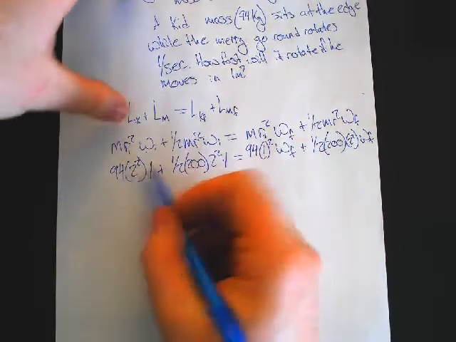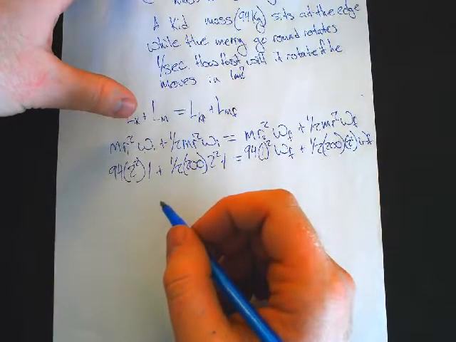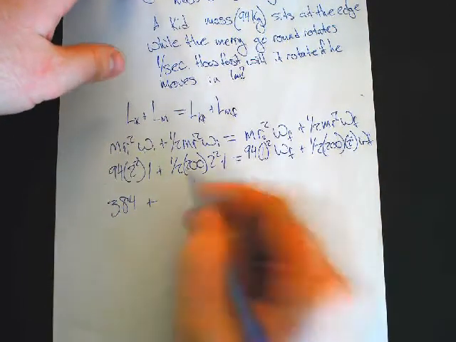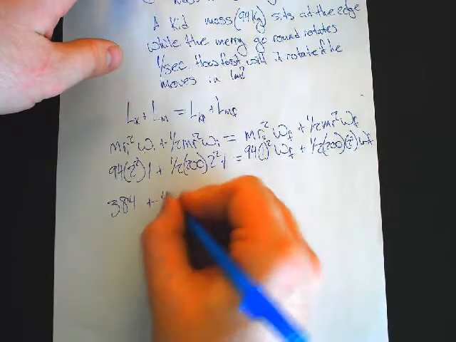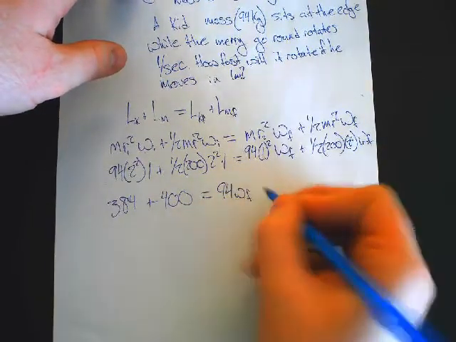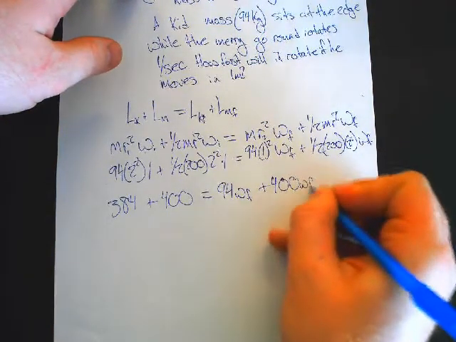Okay, so I've got 4 times 94, or 376, plus 400 is equal to 94 omega f plus 100, 400 omega f.